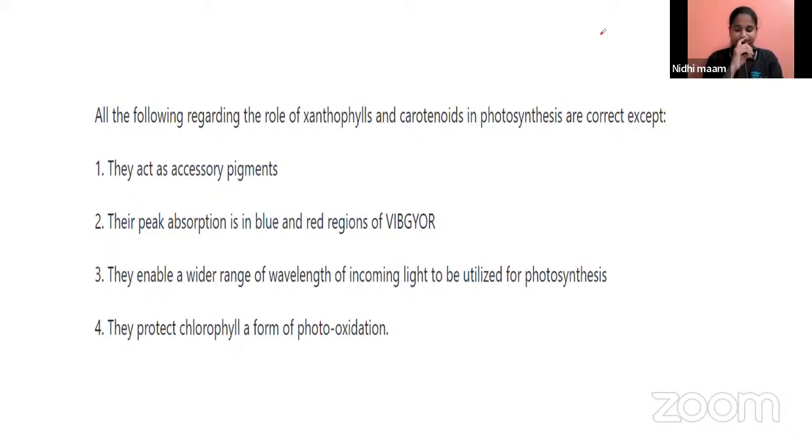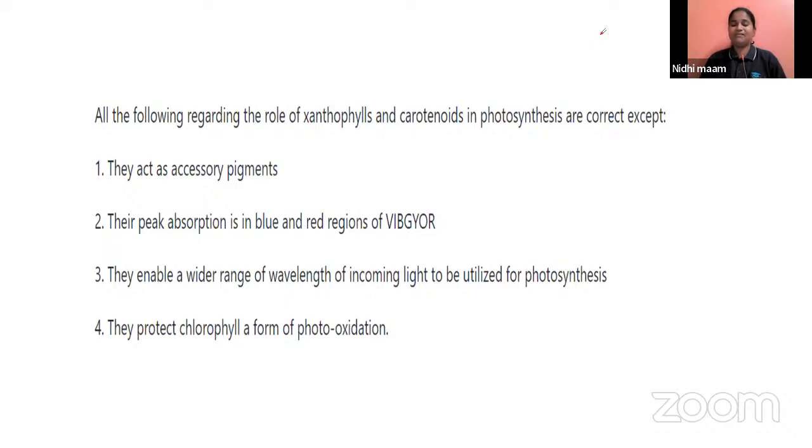Option 1, they act as accessory pigments. Option 2, their peak absorption is in blue and red regions of Vibgyor. Option 3, they enable a wider range of wavelength of incoming light to be utilized for photosynthesis. Option 4, they protect chlorophyll A from photooxidation. So what is the role of xanthophylls and carotenoids in photosynthesis?